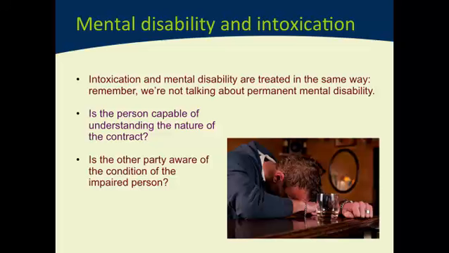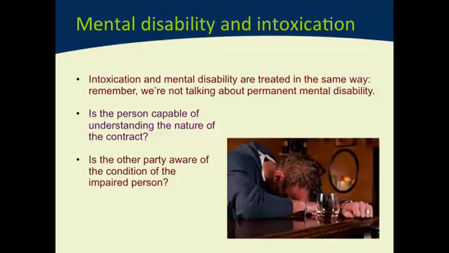Let's start by breaking down what we actually mean by mental disability. If somebody is permanently mentally disabled, either as a result of some sort of psychological or psychiatric condition, or as a result of something like a brain injury, or as a result of some sort of congenital issue, which means that they lack the full intellectual capability of most people, they're quite often going to have a guardian or an attorney, someone holding a power of attorney, and that person will be engaged in contracts on their behalf.